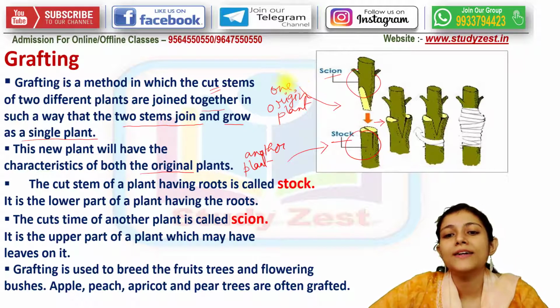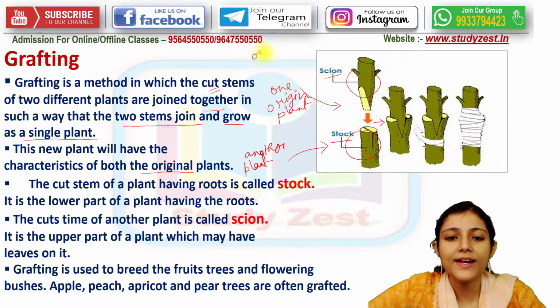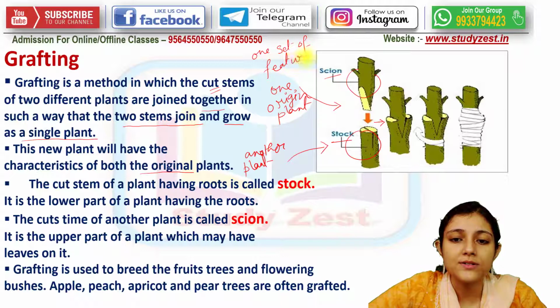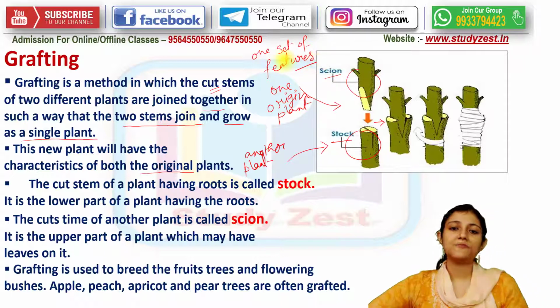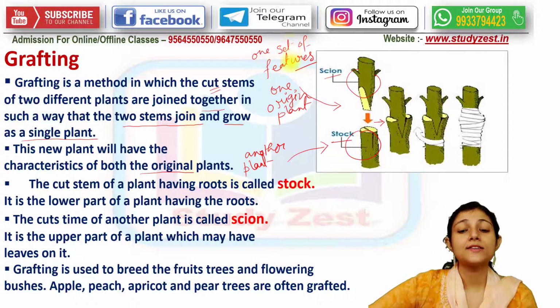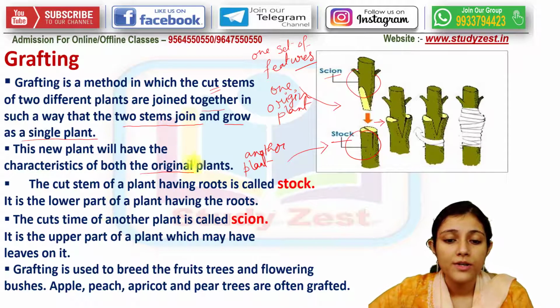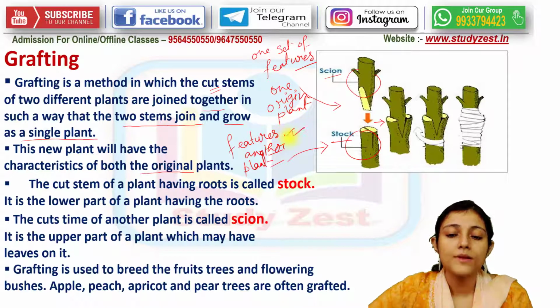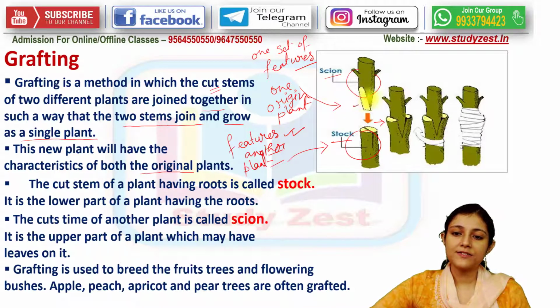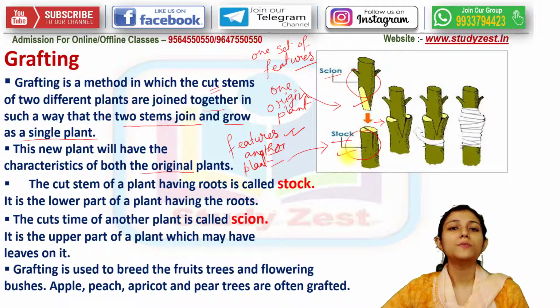The first plant has one set of characteristic features, which will definitely not be similar to the features of the other plant.